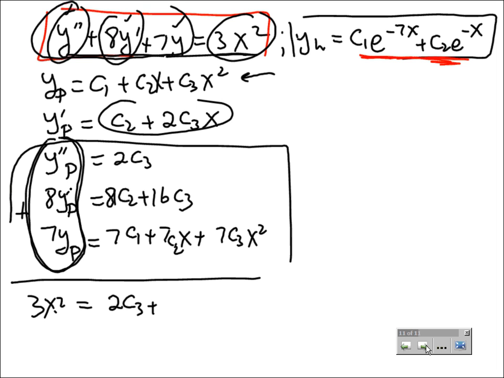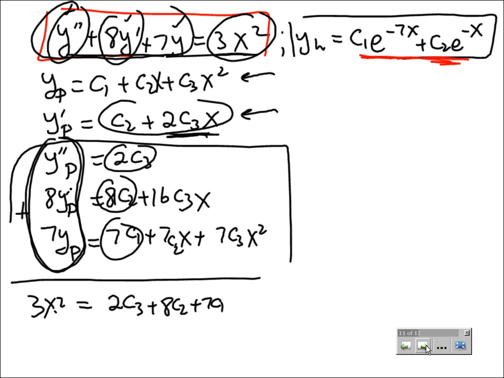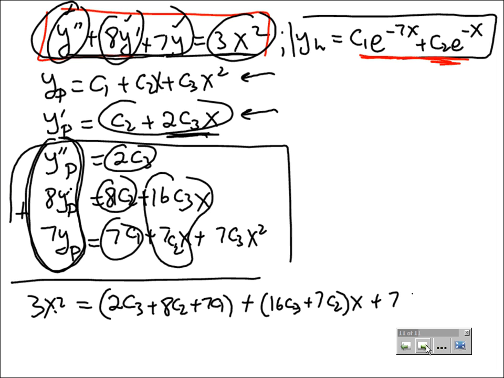Okay, now something has to be wrong here. 8 times y prime. This should just be an x here. 8 times that will be 16c3x. So the constant is 2c3 plus 8c2 plus 7c1. And the x's are just that sum, 16c3 plus 7c2 x, and 7c3 x squared, this term.